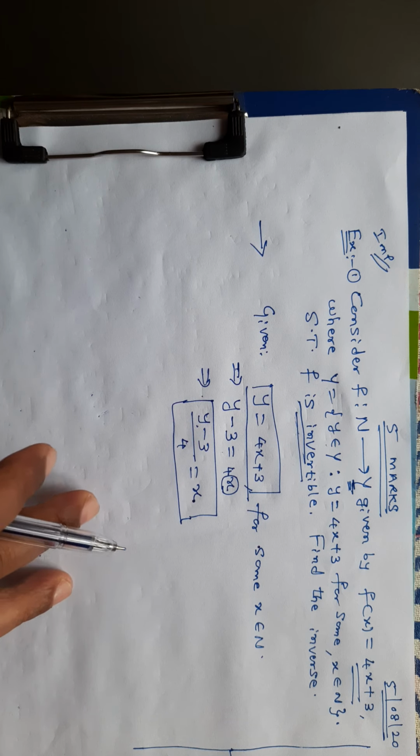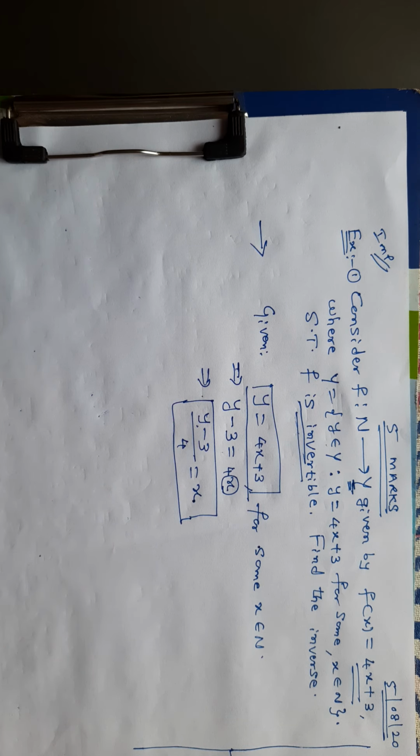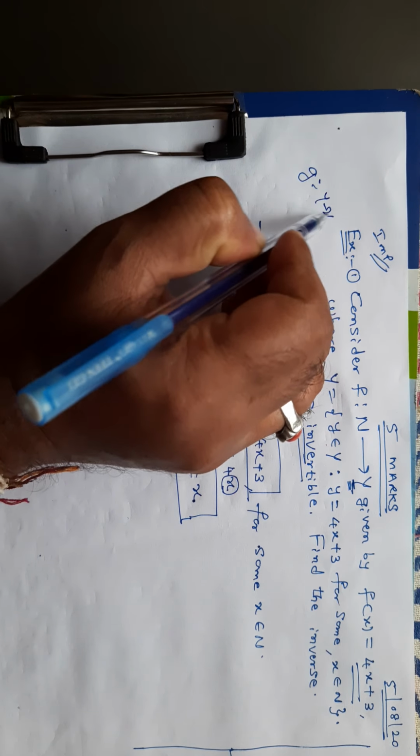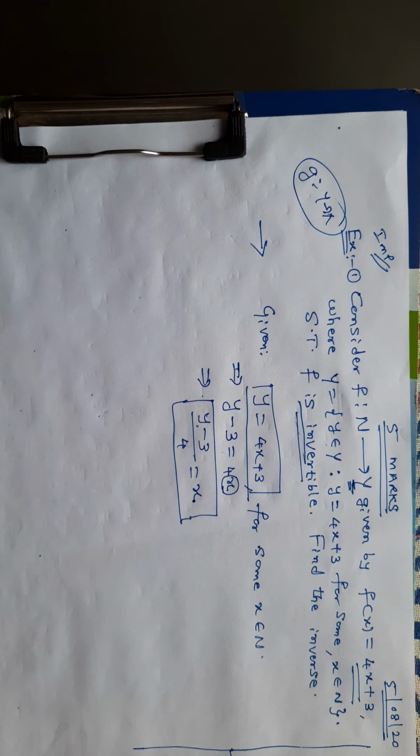What does the definition of inverse say, as in the previous class? To say that a function f from X to Y is invertible, there should exist a function g from Y to X. I hope you can remember the definition.